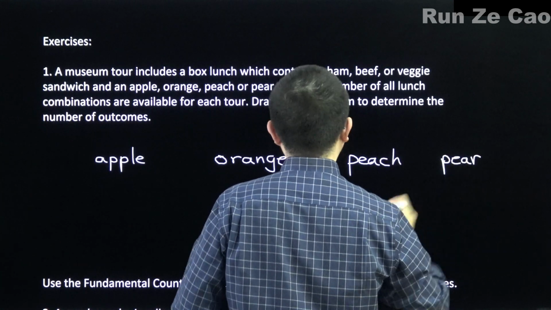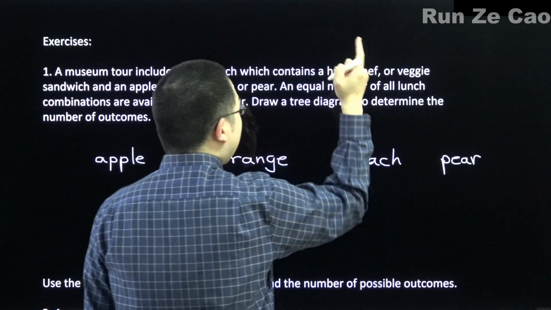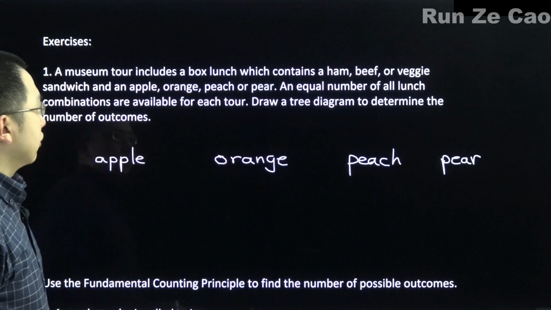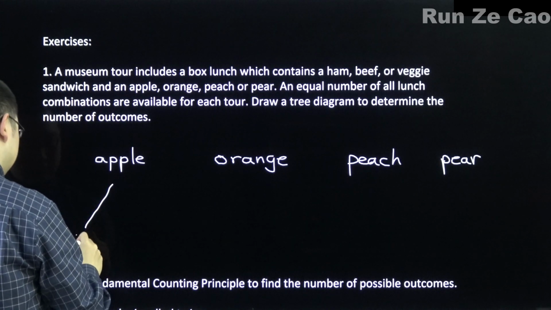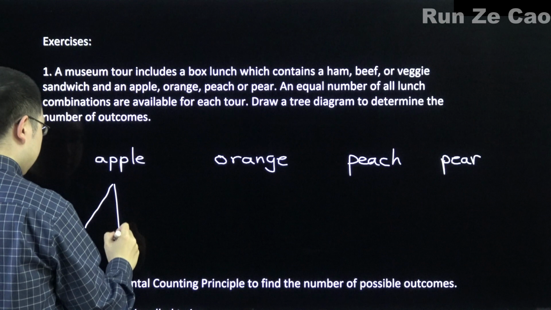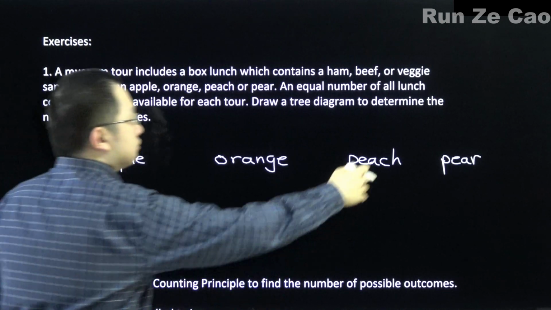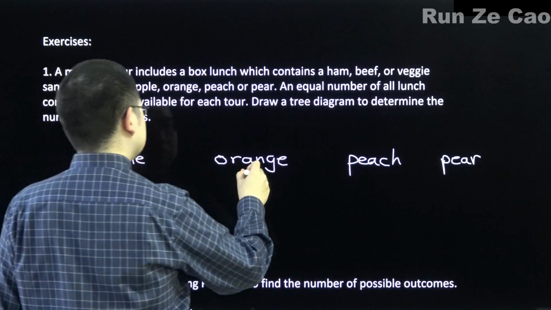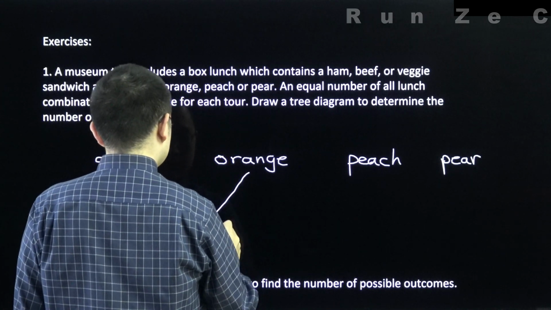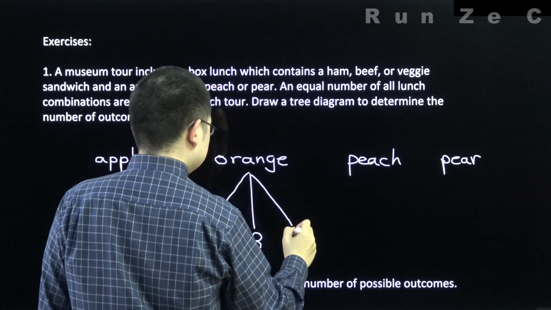And it's largely because ham, beef, or veggie is H, B, and V. Whereas the fruits are not distinct, so it doesn't take up that much space. Ham, beef, and veggie. But if we did it vertically, we'd need like 12 rows, which gets kind of awkward. Okay, ham, beef, and veggie.